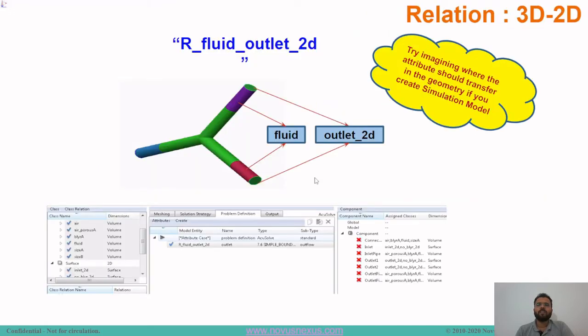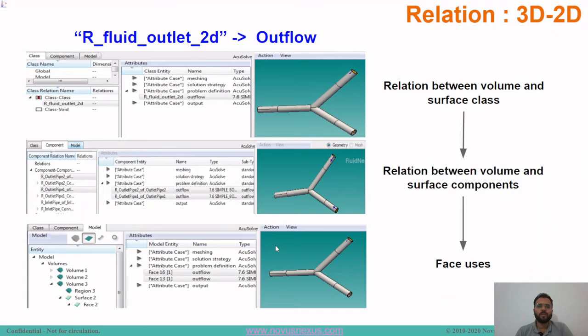So first one is 3D-2D relation. Here, for example, we have attached outlet 2D class on these two surfaces and we have attached fluid class on these two legs. So try to imagine the relation of R fluid and outlet 2D. On this relation we have attached the outlet boundary condition, and if we check the simulation model, first check class tab as it is equivalent to abstract model.